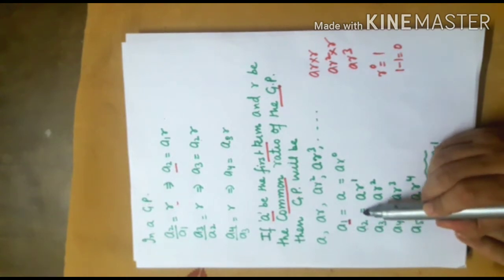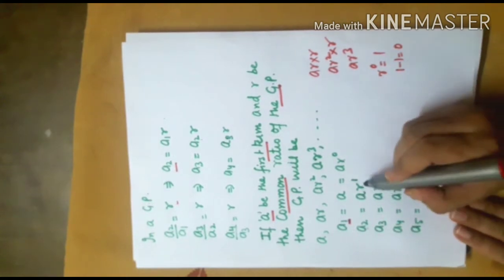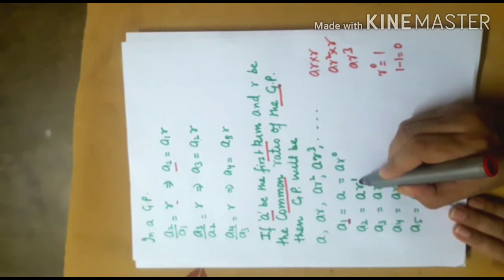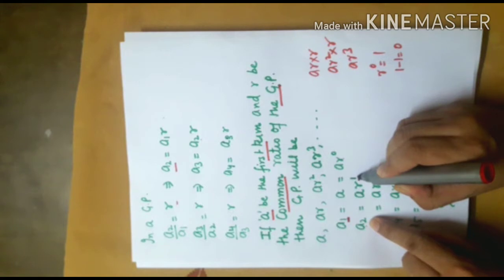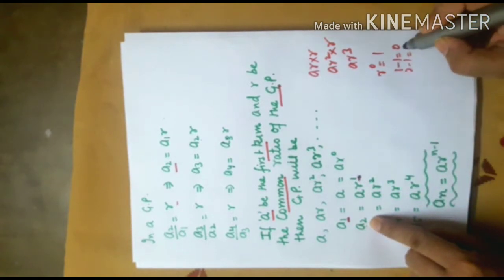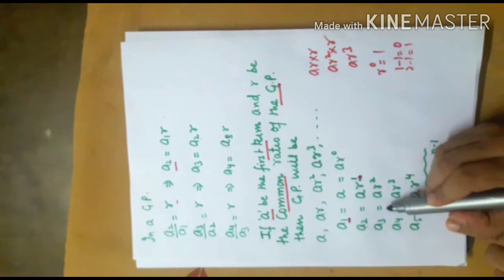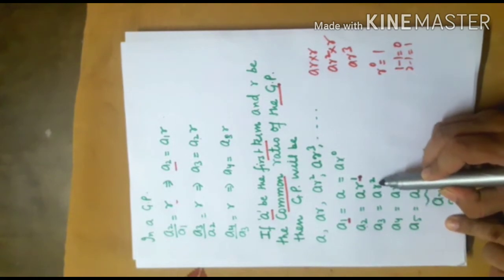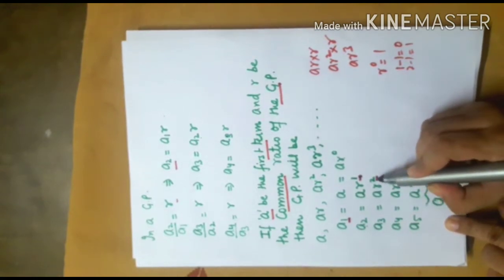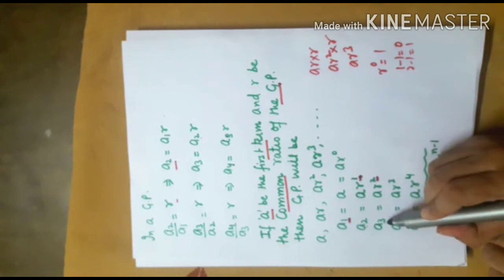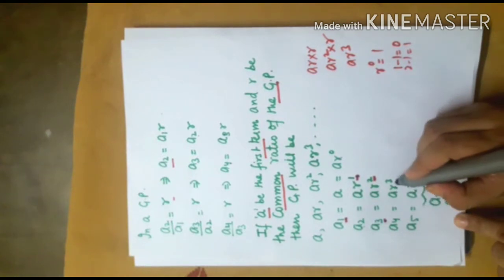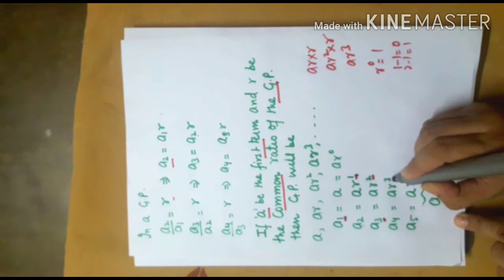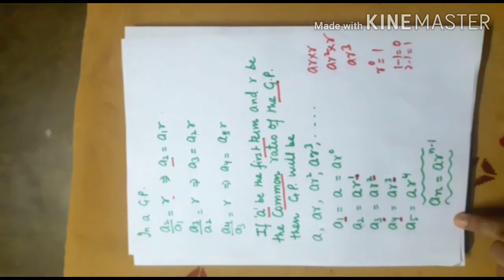Similarly, A2 is equal to AR, and here also the exponent of R is 1, which is 1 less than 2. A3 is equal to AR square, the exponent of R is 2, which is 1 less than 3. A4 is equal to AR cube, again the exponent of R is 1 less than 4.